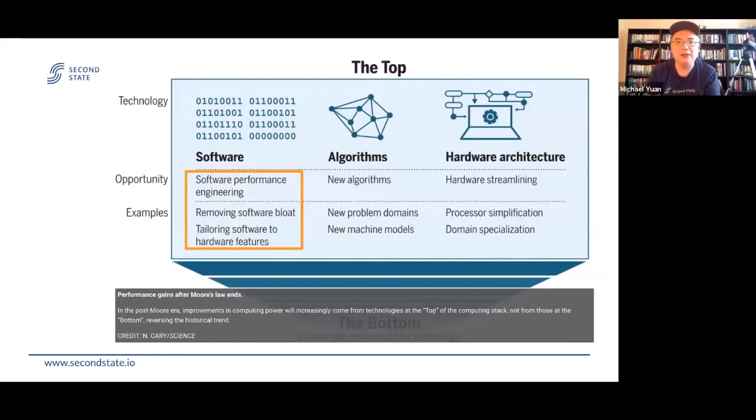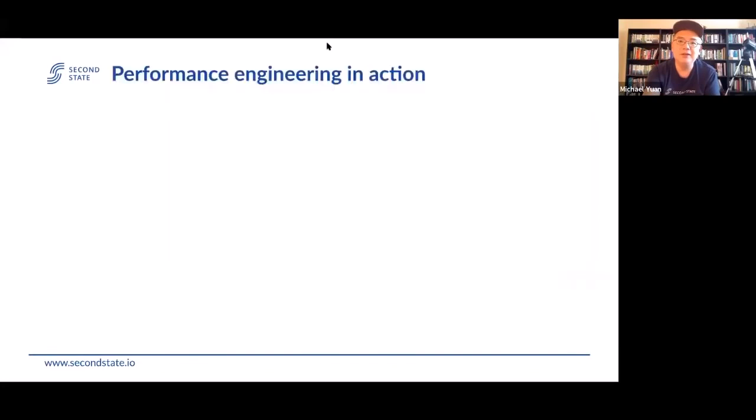By changing the software stack, we would be able to squeeze a lot more performance without changing the underlying CPU. We may need customized software. We may need customized hardware to be in the mix, but not more CPU power, because CPU power is not improving anymore. So let's see a case study or example in action.